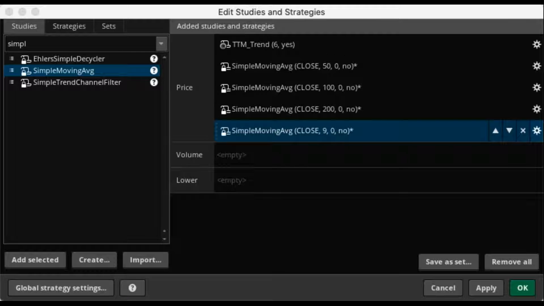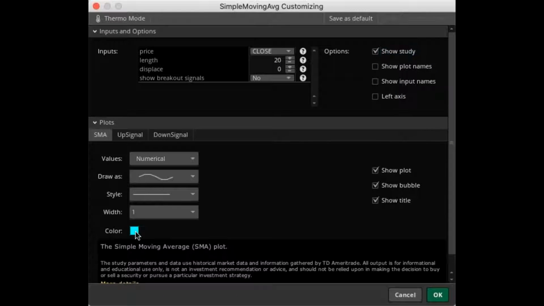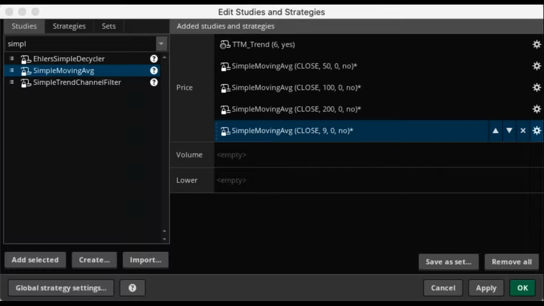Then we'll go to this last one, this new one, and we will change this one to 20, and we're going to keep it blue. And then we're going to push OK.